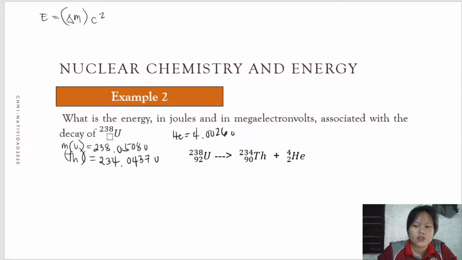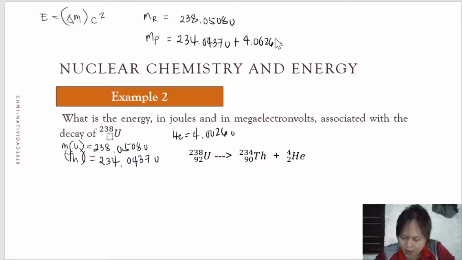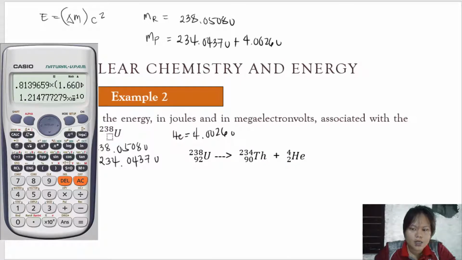The reactant is just uranium. So the mass of the reactant is equal to 238.0508 U, and the mass of the product is equal to thorium, 234.0437 U plus 4.0026 U. Let's use our calculator.